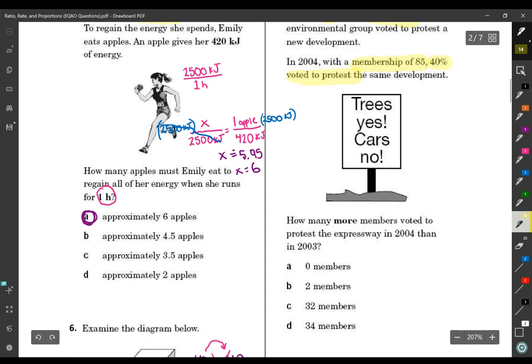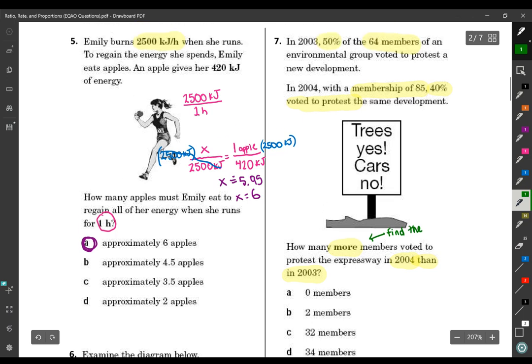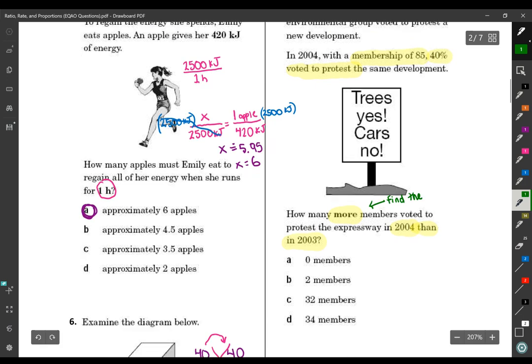How many more members voted to protest the expressway in 2004 than in 2003? This is your hint that it wants to find the difference between the number who voted in 2004 and the number who voted in 2003. That means you're going to end up doing a subtraction in the end.